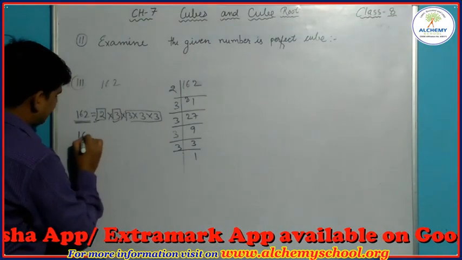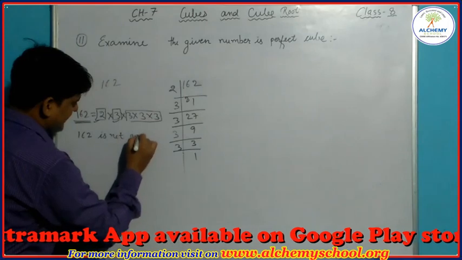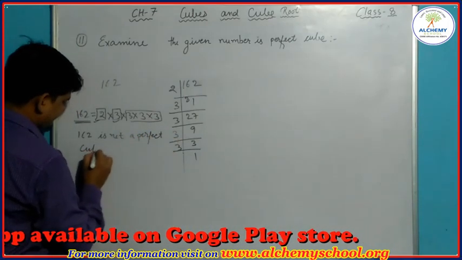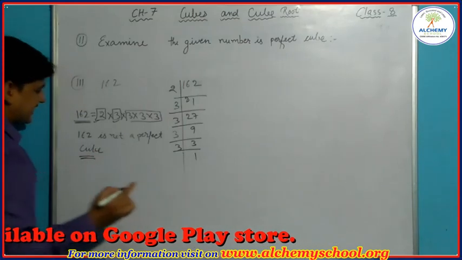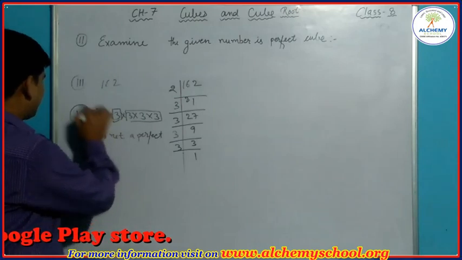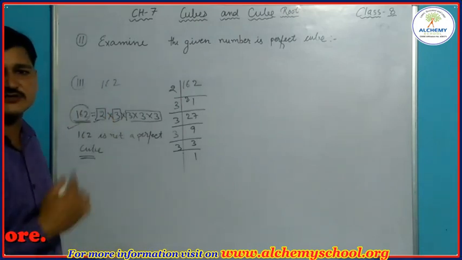So we can write here, 162 is not a perfect cube. We are not getting any number that is multiplied 3 times to get 162, so this number is not a perfect cube.